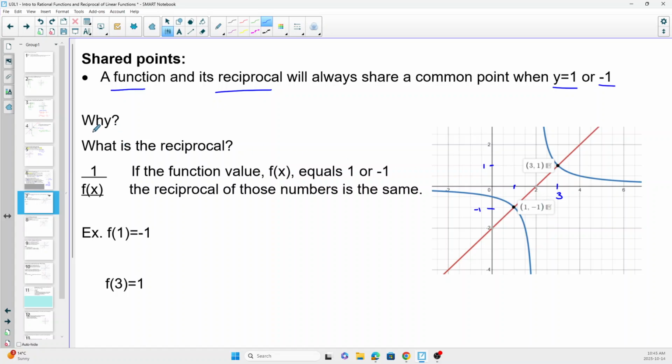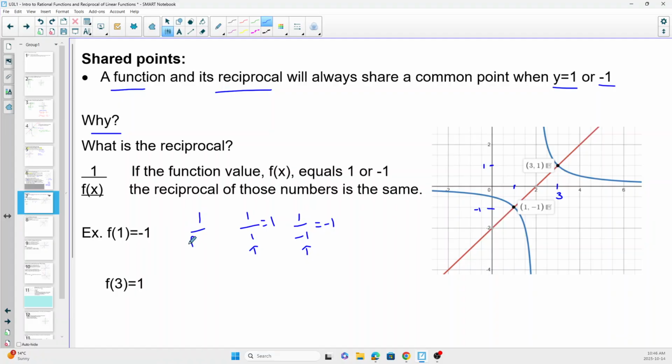So why does this happen? Well, remember that the reciprocal is 1 over the function. So we can take the function value, which is f at x, and put it under 1. If we do 1 over 1 or 1 over -1, this is still just equal to 1, or still just equal to -1.